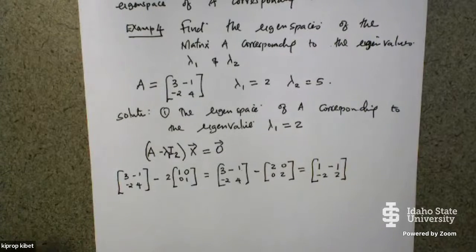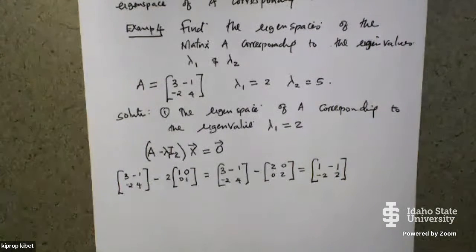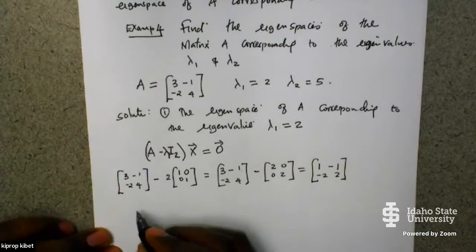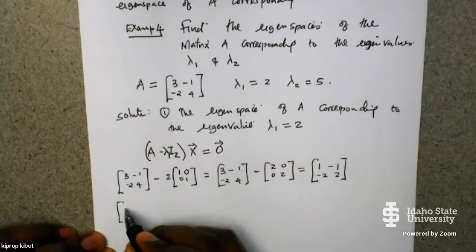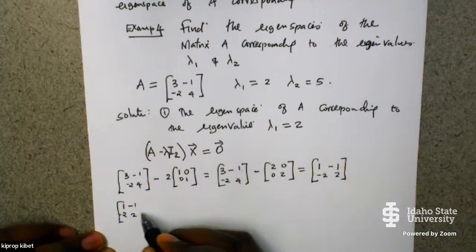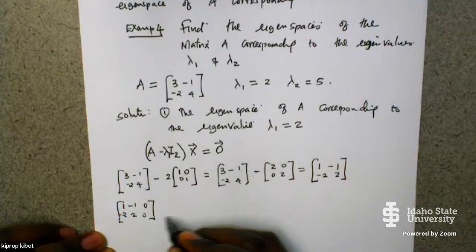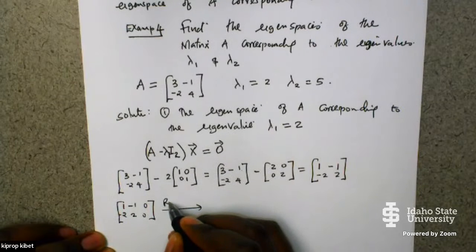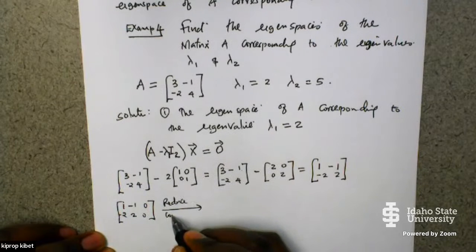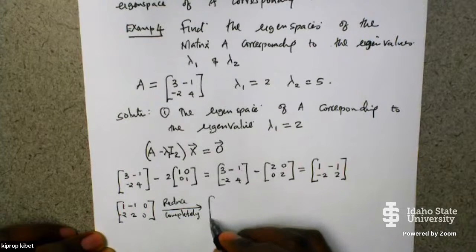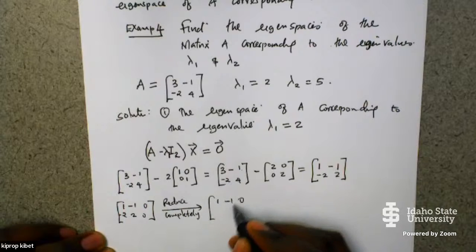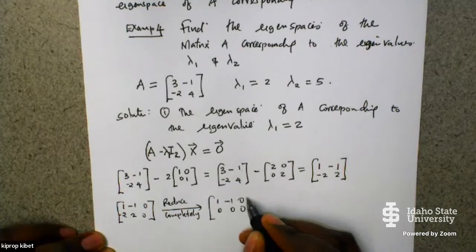So we put this in augmented matrix form, which is now 1, -1, -2, 2, and then we have 0, 0 here. When we reduce this completely, what we get is 1, -1, 0, and then 0, 0, 0.